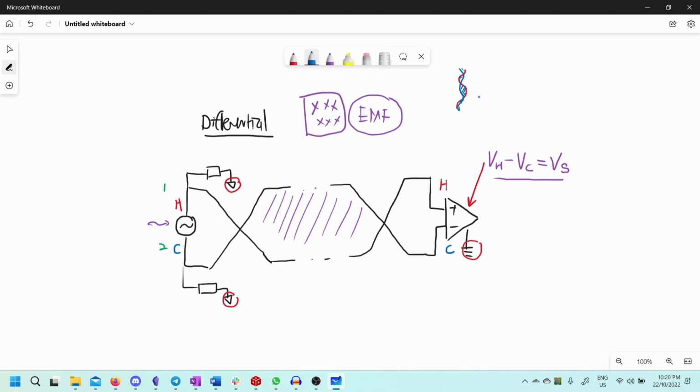And if you recall, we have phi equals BAN, right? So if the area is very small, almost zero, phi is essentially going to go to zero. And we're not going to get much of an EMF formed between the hot and the cold side that would affect the voltage of the signal seen by the amplifier.